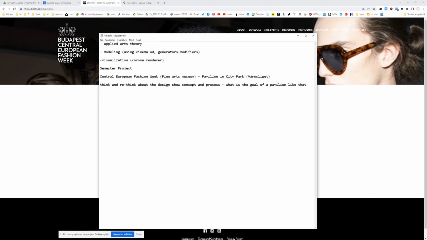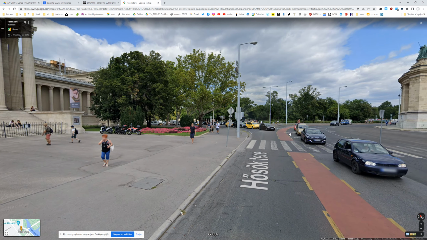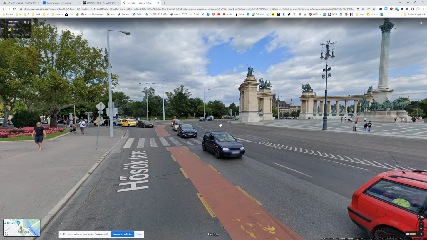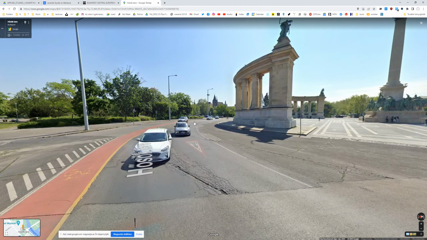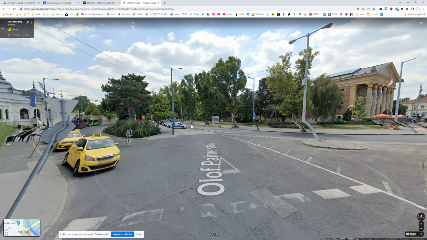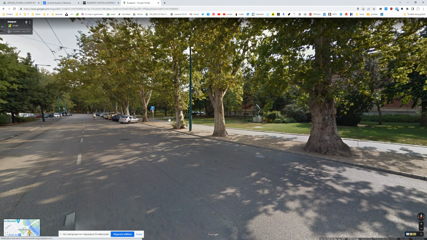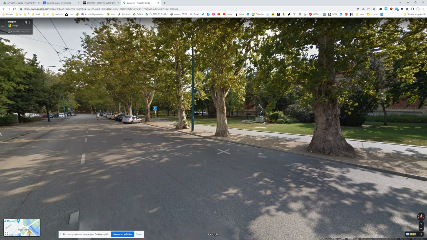You go there, you take a look around, and you take a walk. What is here? What can be used? Can you use the location? I mean, can you use something related to the location? Can you relate something nearby, historical stuff or a historical event?